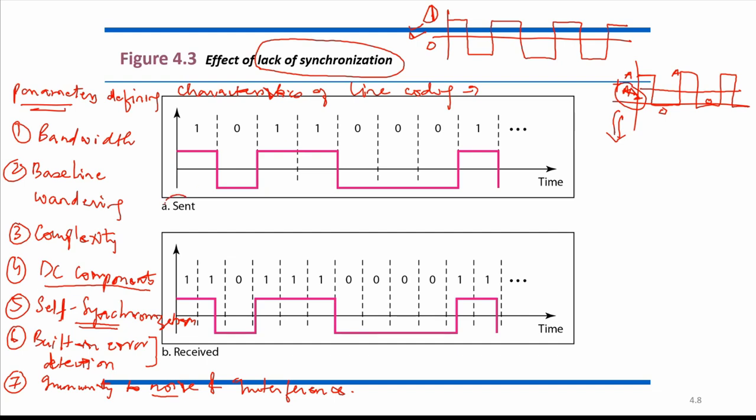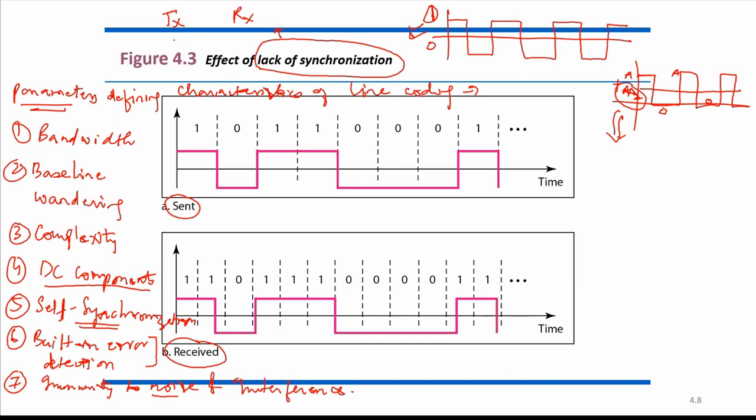This is the signal that is sent, and this is what is received. Lack of synchronization means the transmitter and the receiver have different clock periods, or there is some delay in between.